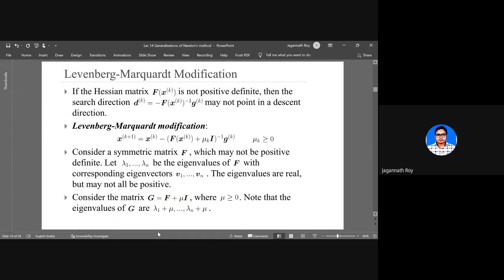Okay. So this modification we have to make.